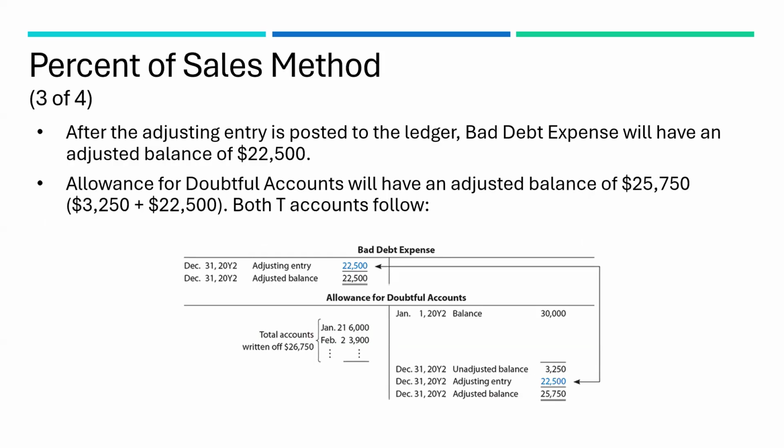But on the percent of sales method, these are our T accounts. So we have our bad debt expense of 22,500, and then throughout the year, we have our initial balance of 30,000, and then all of our write-offs, unadjusted balance of 3,250, and then our adjusted balance of 25,750.